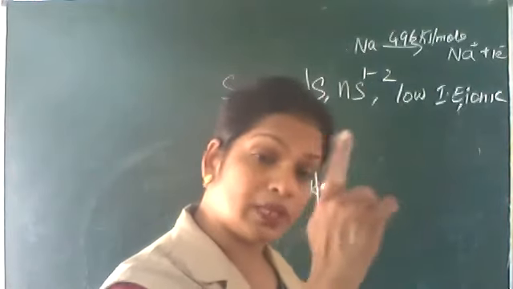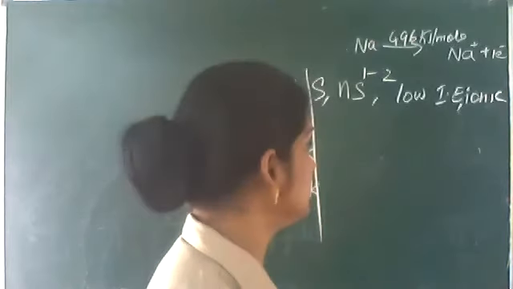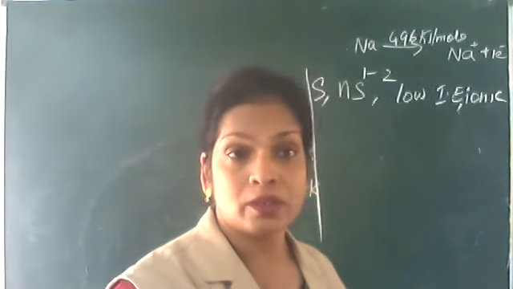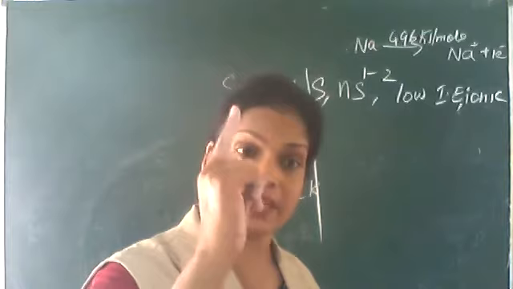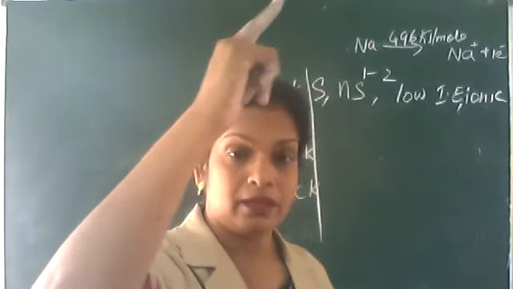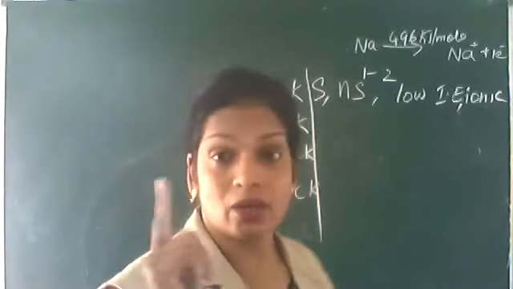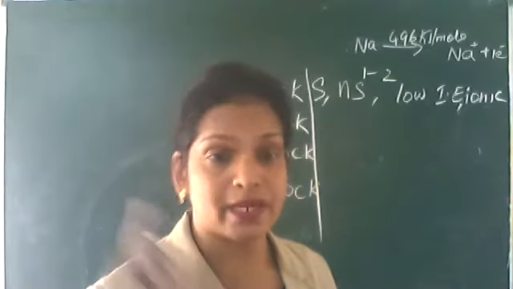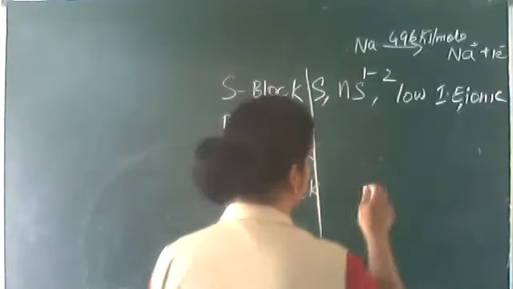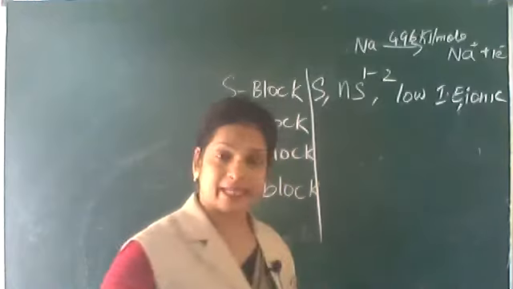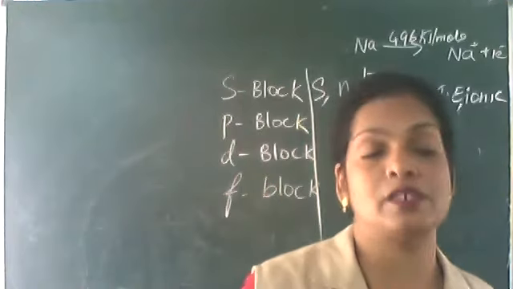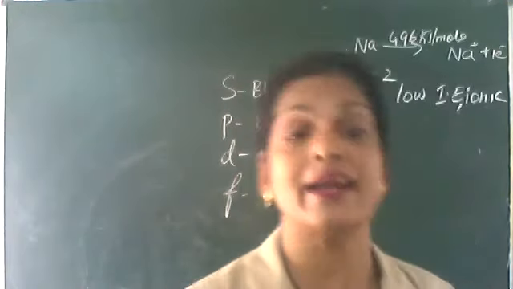The last loosely bound electron, to remove the first electron from the last orbital, that is called ionization enthalpy. First ionization enthalpy IE1. The second electron to remove, how much amount of energy that we are giving, that is called the second ionization enthalpy.